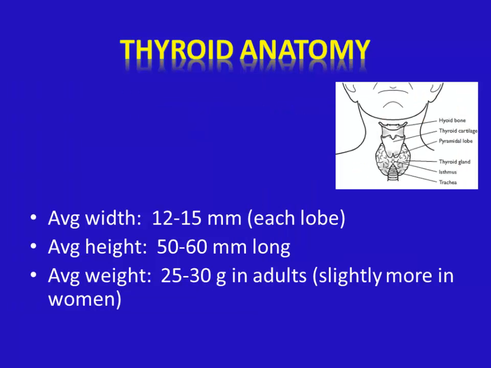The average width of the gland is about 1.5 centimeters for each lobe, and the average height is 5 to 6 centimeters. The weight varies between male and female, with an average weight in an adult male of 25 to 30 grams, and it's slightly higher in females and gets bigger during pregnancy and menstruation.